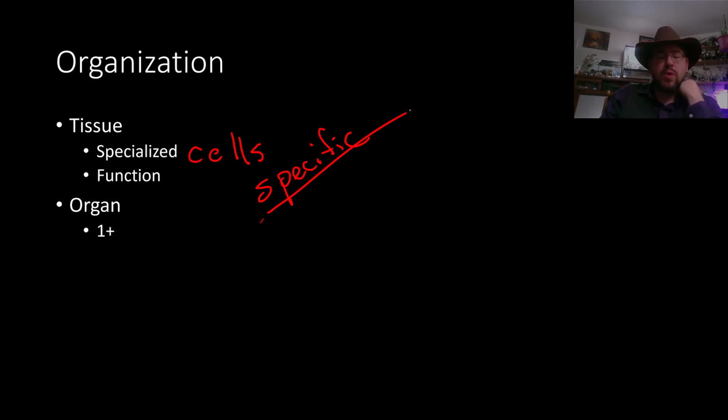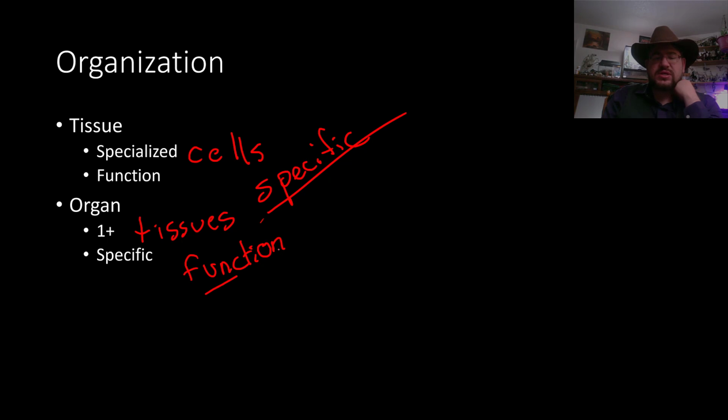So an organ can be one or more tissues that are put together, and they have a specific function in the organism. Right? So you might have a very simple organ which basically has the same function as its tissues, or you might have an organ like the stomach which is made of multiple different types of tissues, right?